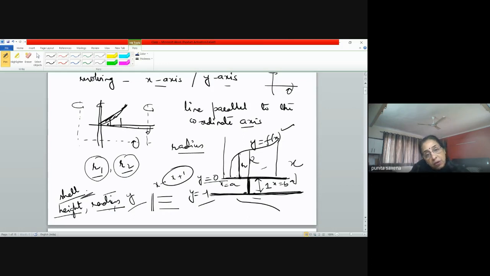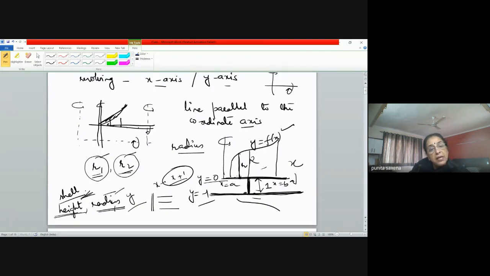That depends upon where we are taking the revolutions, around the y-axis or around vertical lines or horizontal lines. So what you have to keep in mind is where you have to make the additions, in the radii only, in the height only, or in the radius only.